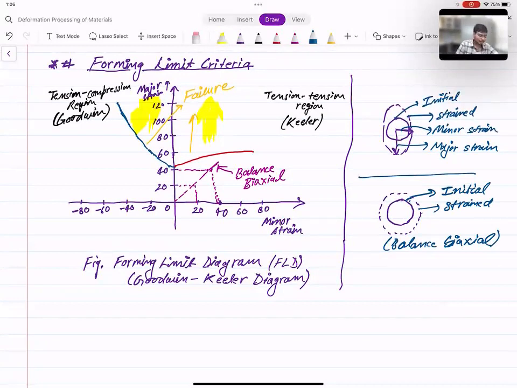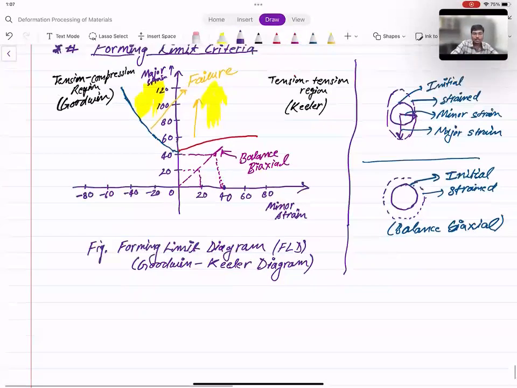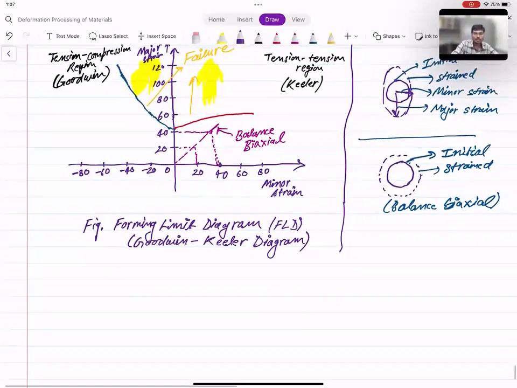The techniques used for etching are electromagnetic and electrochemical etching. By that, these type of circular grids are made onto the samples.